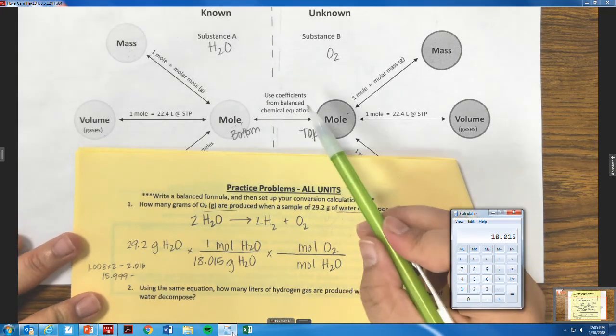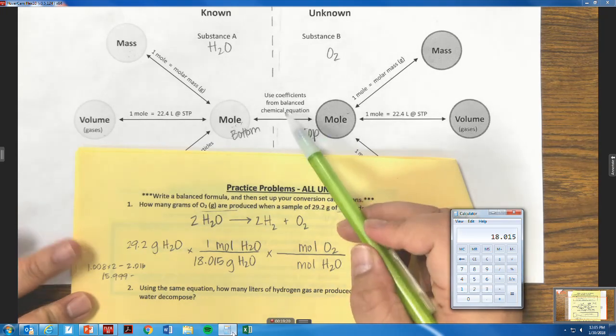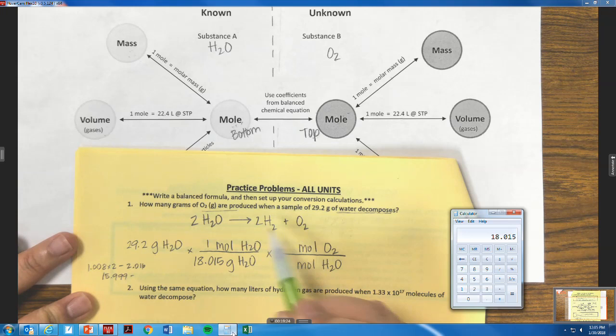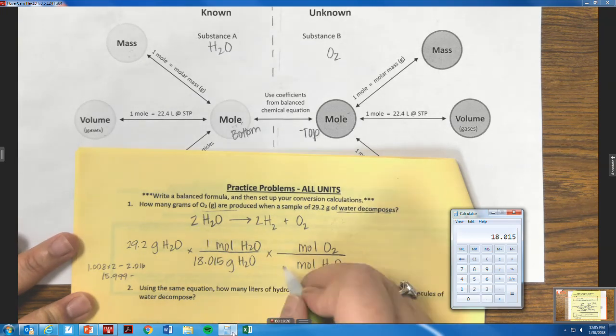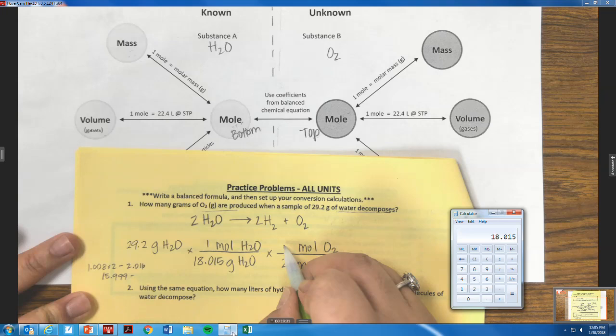Now we have to go back to our balanced chemical equation to find out what our coefficients are. Our coefficient for water is 2, and our coefficient for O2 is 1.